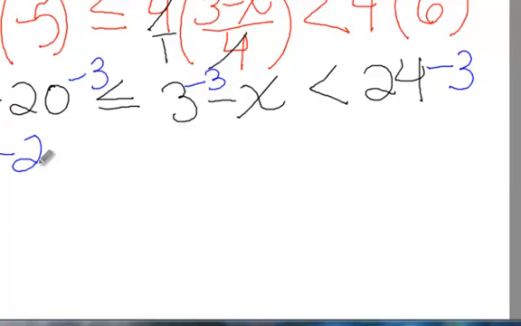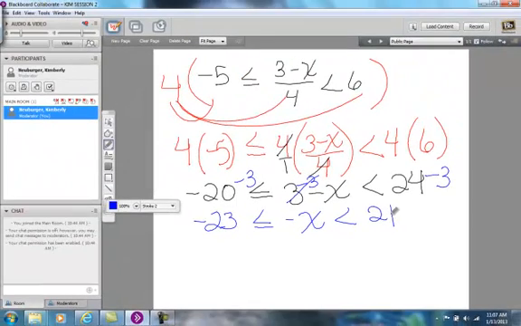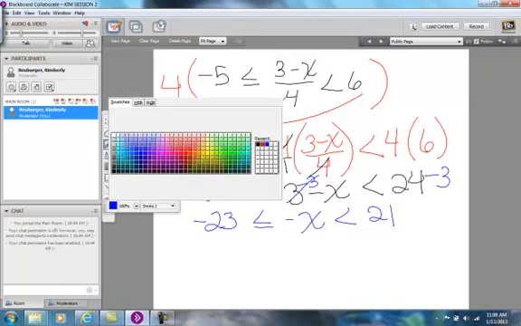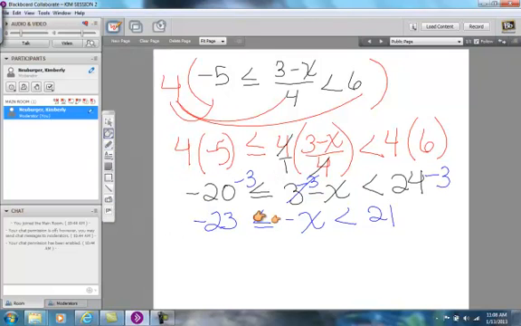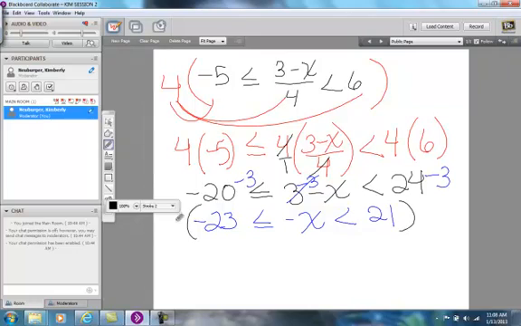This gives us negative 23 less than or equal to, those will cancel, so we get negative x, which is less than 21. Now we need to realize that we do not want a negative 1 in front of x. So to make the negative 1 go away, and we know we have a negative 1 because of this negative symbol right here, we multiply the entire expression by negative 1, and that will change our signs.